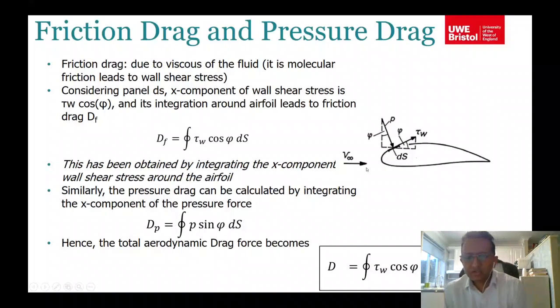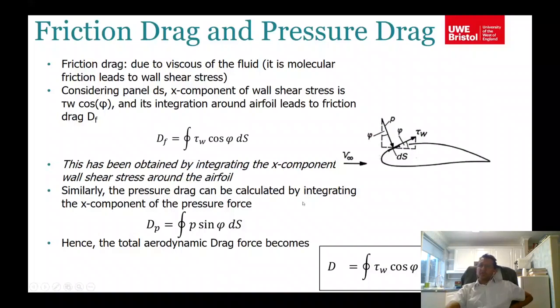Then we define two important elements: the friction drag and the pressure drag. Consider a streamline. Angle psi is the angle of that streamline to the normal.